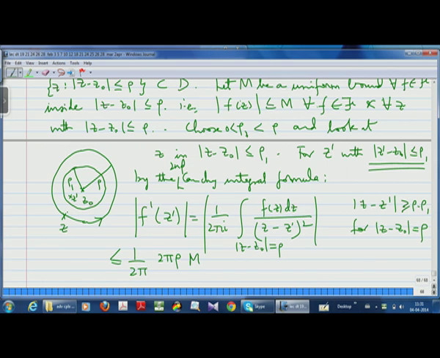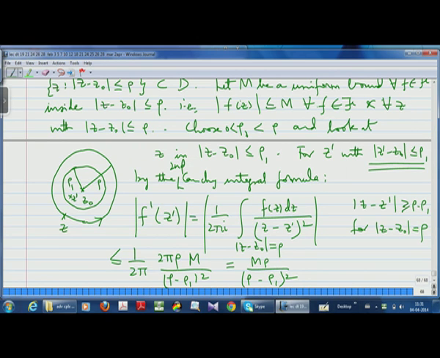You know why I need this inequality, because now I have to invert the inequality, and then the direction of the inequality will change. So I will get 1 by mod z minus z prime the whole squared will be less than or equal to 1 by rho minus rho 1 the whole squared. So I can put a rho minus rho 1 the whole squared here. Finally I will end up with just M rho by rho minus rho 1 the whole squared, and this is a bound.